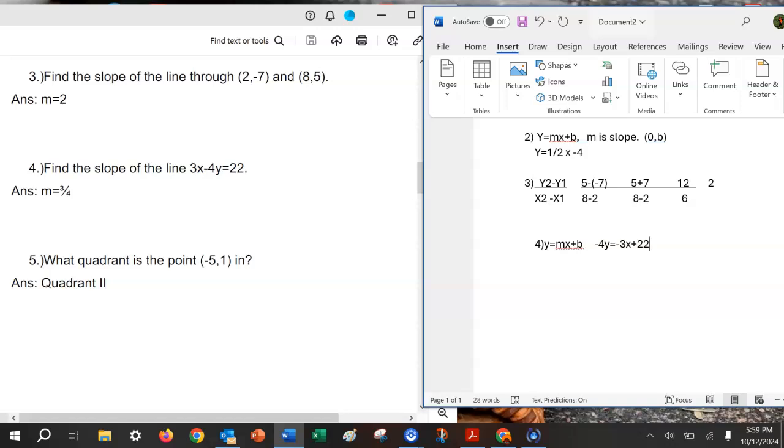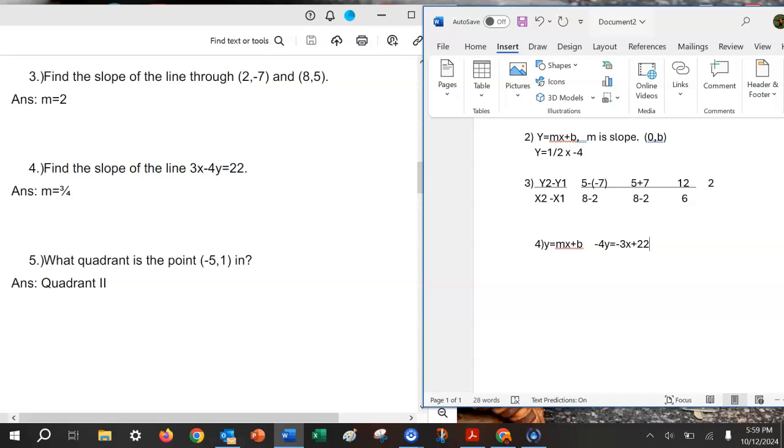You'll notice if I just get rid of that negative 4, we've got it in nice format. So what we're going to have to do is divide both sides by negative 4.